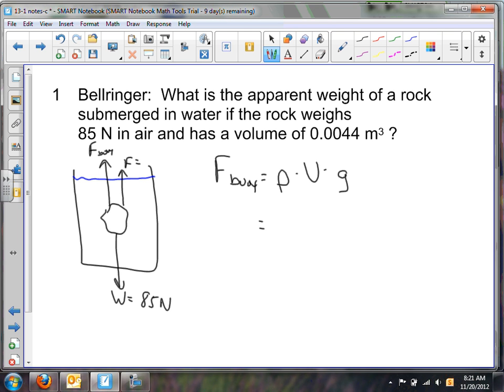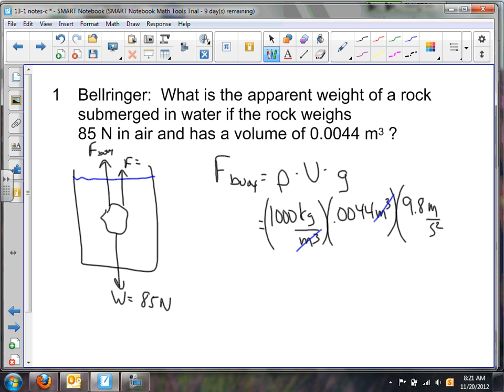Well, in this case, my fluid is water, and it's got a weight density of 1,000 kilograms per meter cubed. It was nice they gave me my volume in meters cubed, so I don't have to worry about converting, but quite often you'll have to convert this unit to be the same as the density units. Notice now my meters cubed cancel out, and then g is just 9.8 meters per second squared.